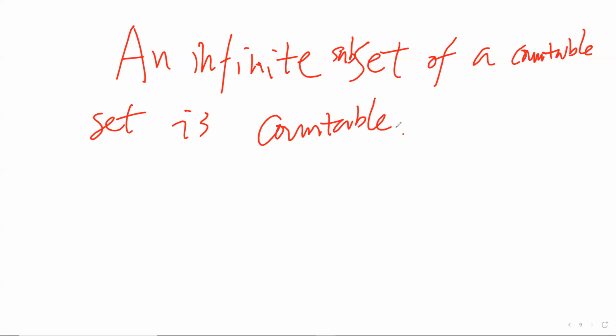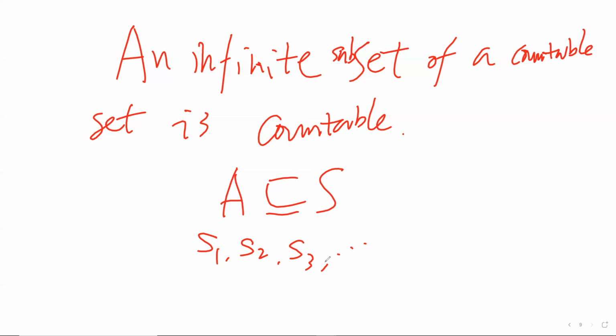How do you prove this? Suppose the countable set is S, and there is an infinite subset A. Of course, it is a subset of S, and it is infinite. And we already know that there is a one-to-one onto bijective mapping between integer numbers and S1, S2, S3, and so on.